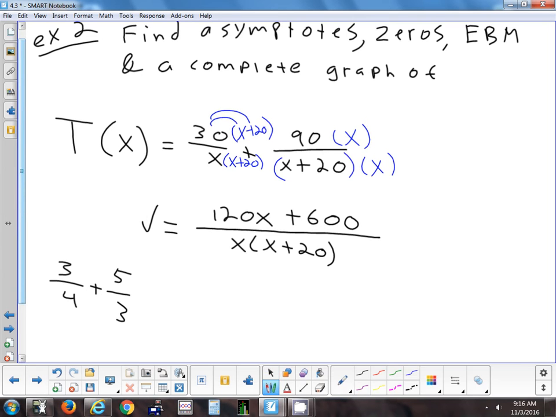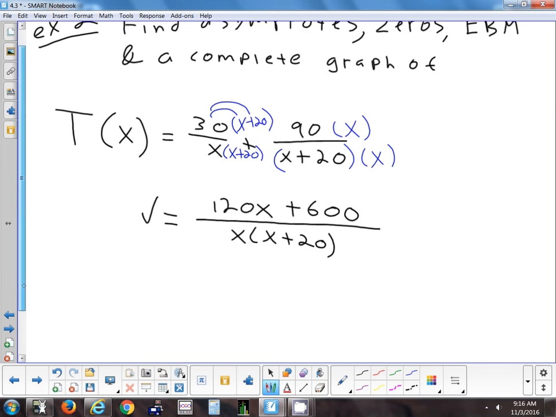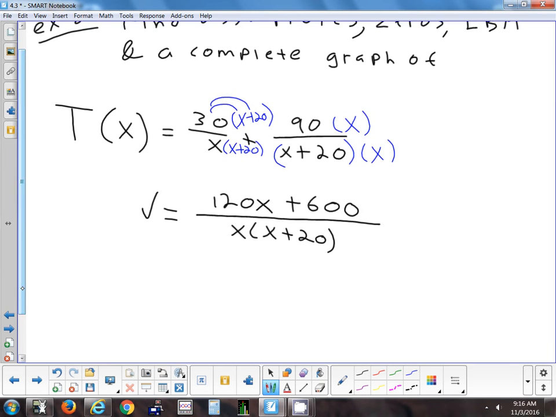All right, so they want asymptotes. Let's start with our vertical asymptotes. Two numbers would make the denominator equal to 0. What's one of the numbers that would make it 0? 0. And the other one? Negative 20.